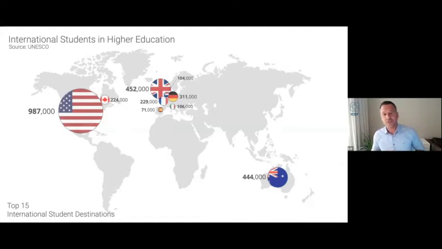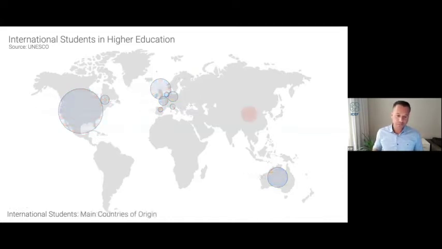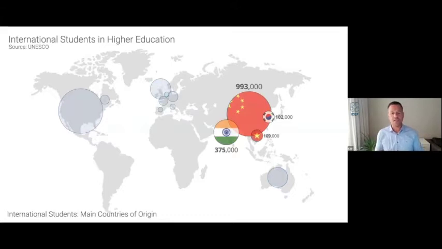On the other hand, the largest student origin countries are China and India. Nearly 1 million students come from China and more than 375,000 students from India, with South Korea and Vietnam each sending more than 100,000 students overseas in 2018.